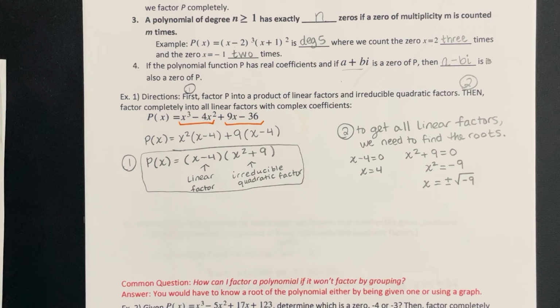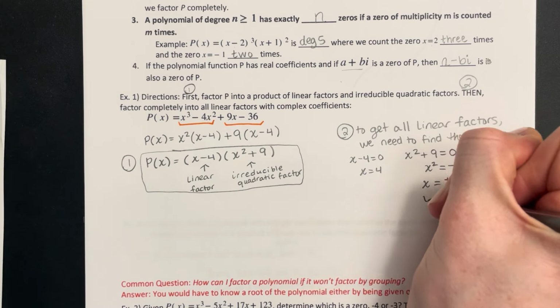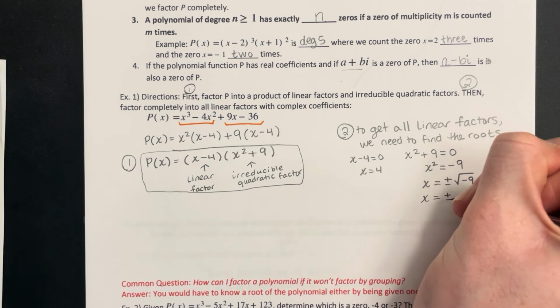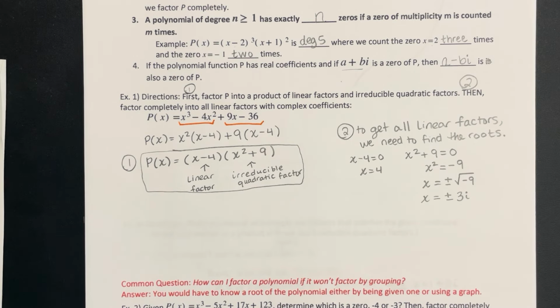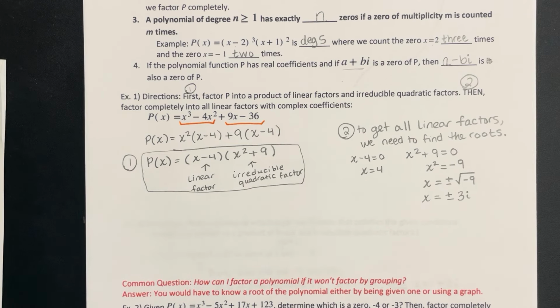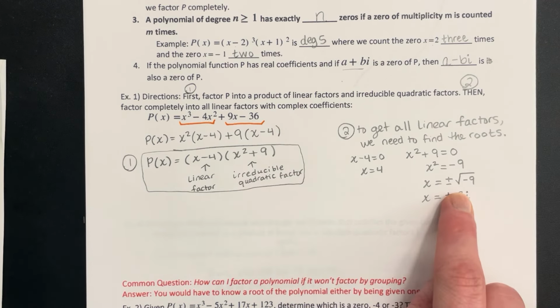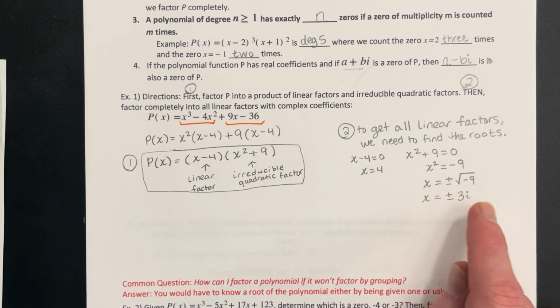There's our light bulb moment. That square root of negative 9 is going to be an imaginary number. So we have plus or minus 3i. The other two roots were imaginary. It's because it's coming from this irreducible quadratic factor here that gave me the square root of negative 9.